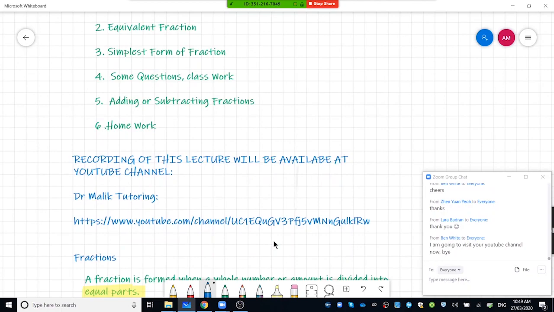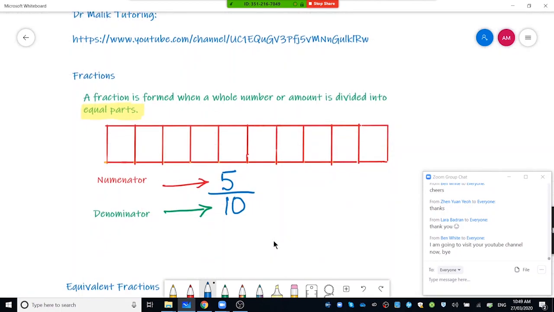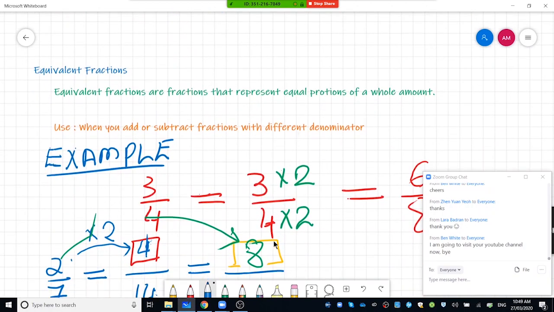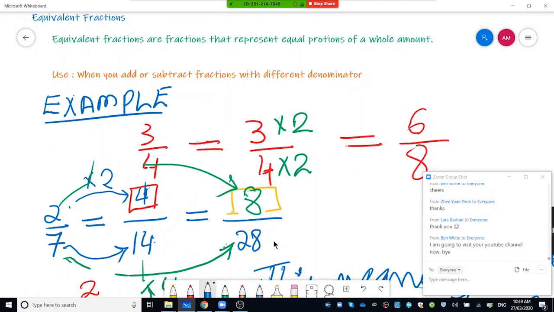Then we said what is an equivalent fraction, and during this we also said what is a numerator and denominator, just revising a few former concepts. Equivalent fractions are fractions that represent equal portions of a whole amount. So we said that we can transform a fraction into its equivalent fraction by multiplying numerator and denominator by the same number.